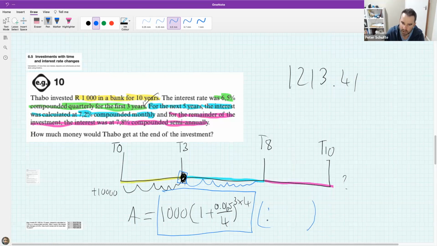And what I'm going to do now is I'm going to say, what is the interest rate that it needs to grow for here? Well, it's normally 7.2%, but it's compounded monthly. So this is going to be 12. But what I want to ask you is, what is the number of time periods that I put here?